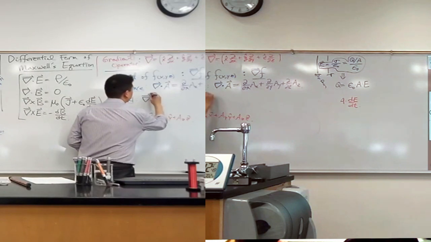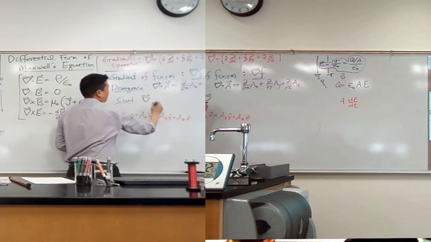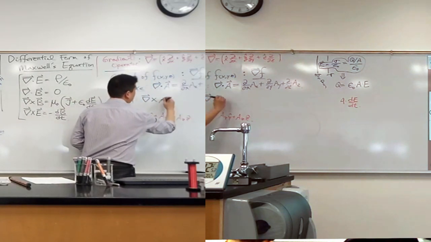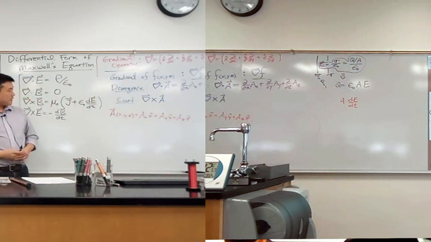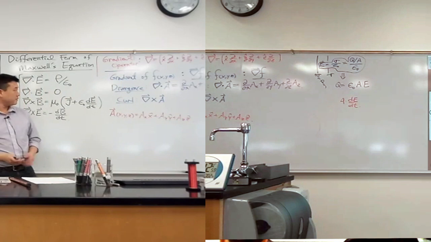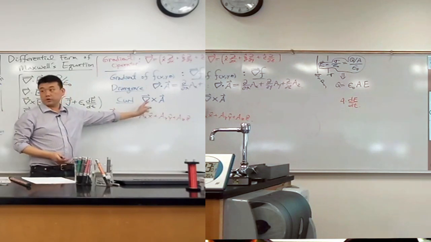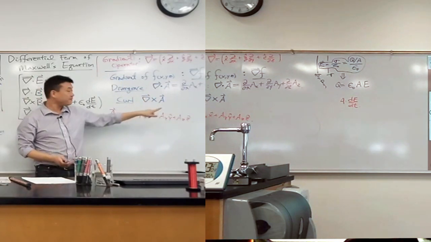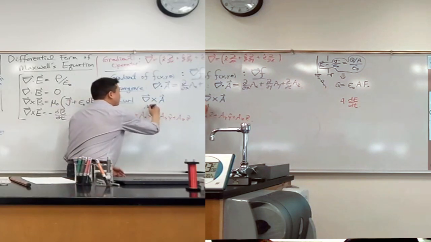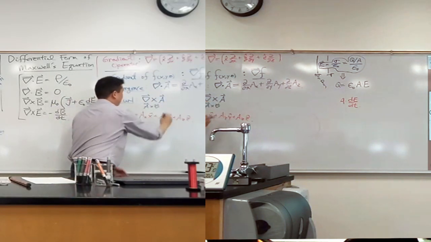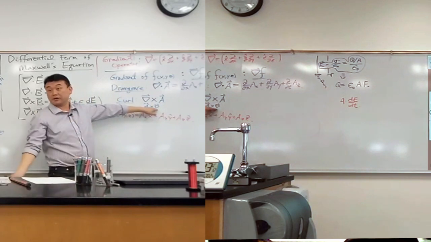It'll look like this vector operator cross product with the other vector. The only thing you have to be careful with is the order of operation. Like A cross del, this means nothing. This is not curl.